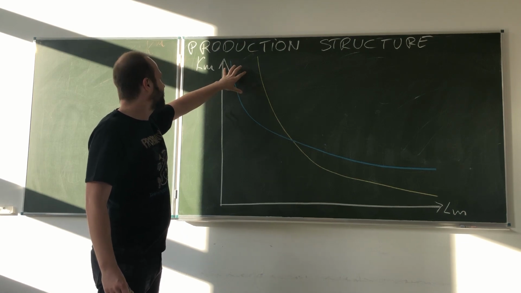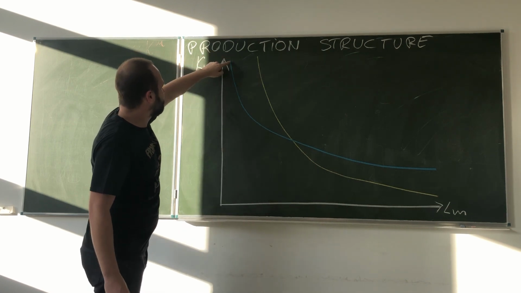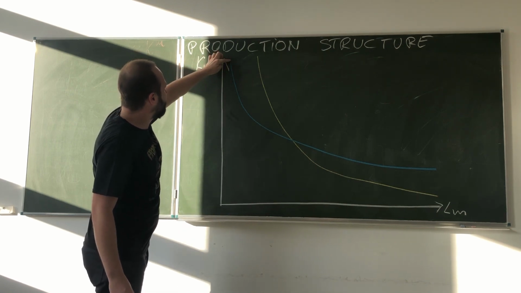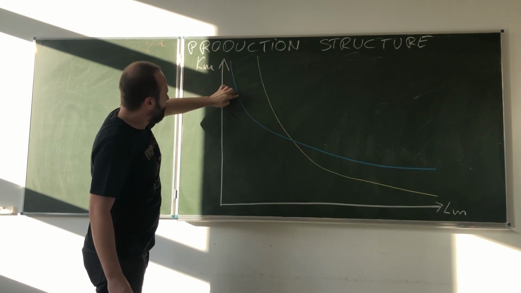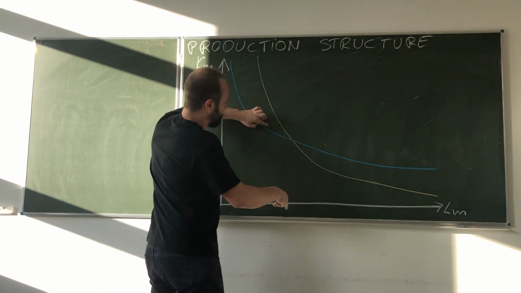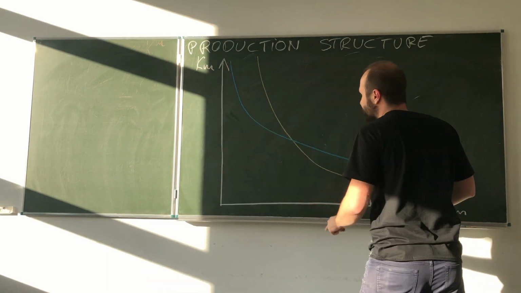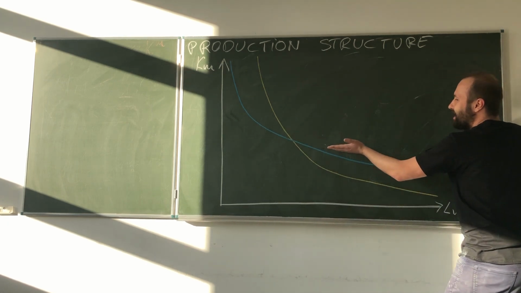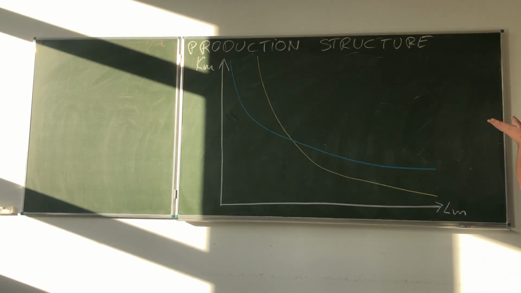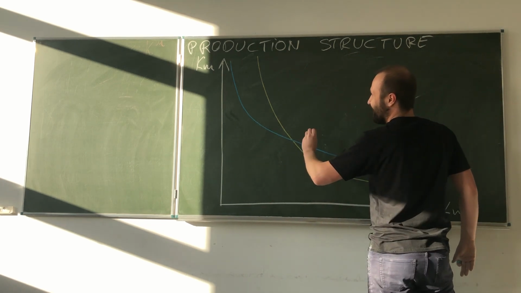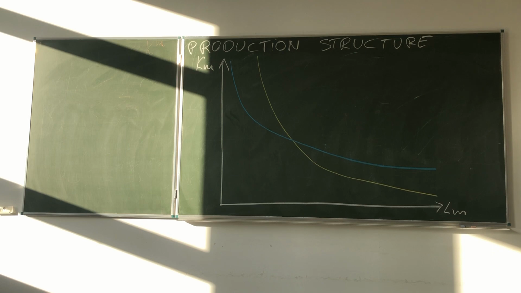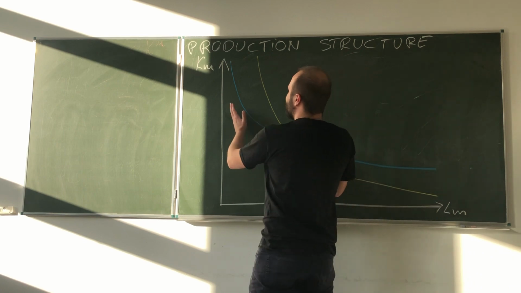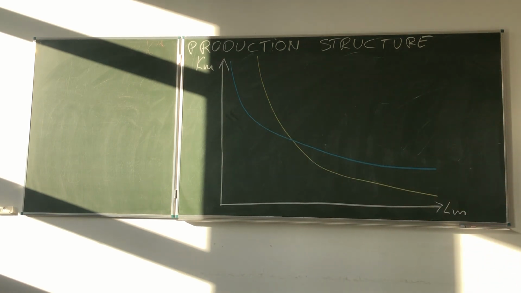What do I mean by that? In this production process, we require either a lot of capital and little labor. But when we are getting more and more labor, you see that it's harder and harder to substitute for capital. And actually, we need to add a lot of additional labor in order to compensate for the capital that we are not going to use. So we can say that this isoquant is associated with some capital-intensive process.